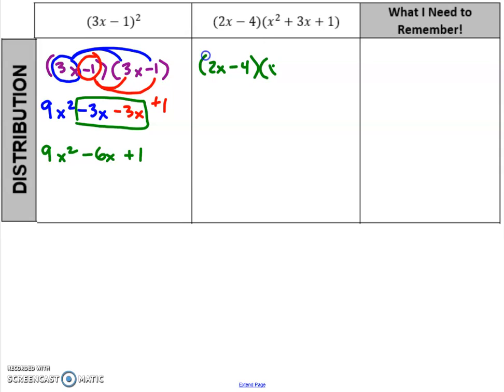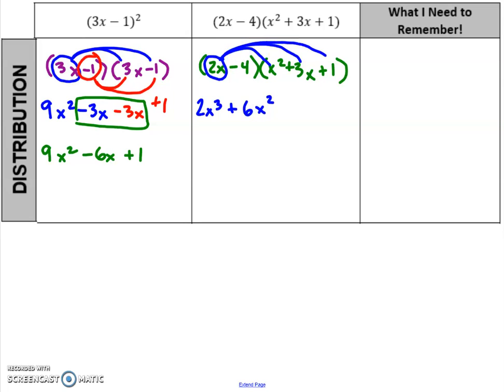2x minus 4 times x squared plus 3x plus 1. Okay, don't freak out. It's just more terms, and that's okay. We're going to start with 2x and multiply it times everything. So 2x times x squared is 2x cubed. 2x times 3x, well 2 times 3 is 6. x times x is x squared.